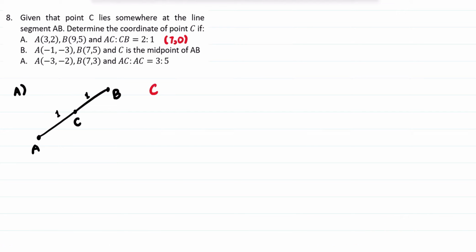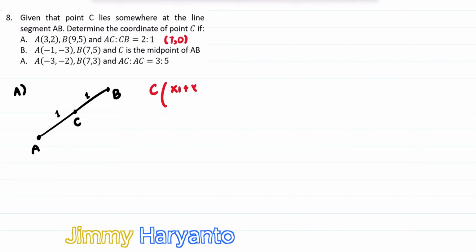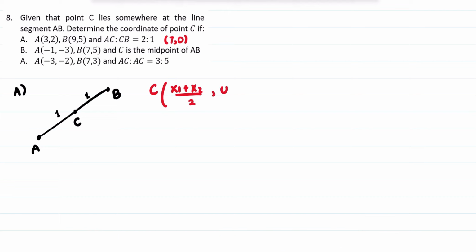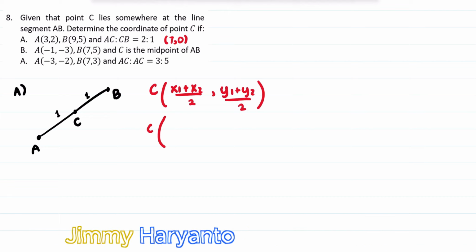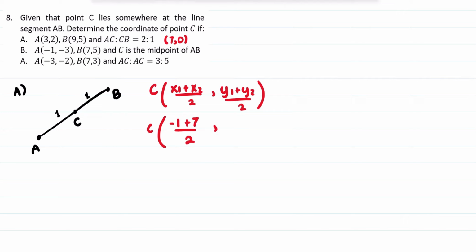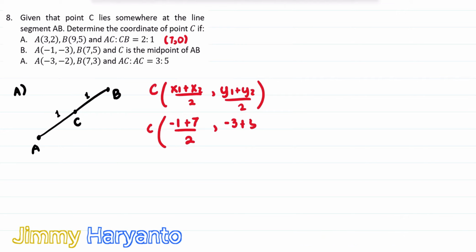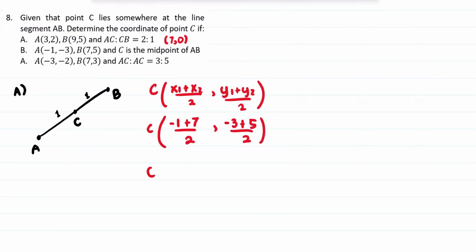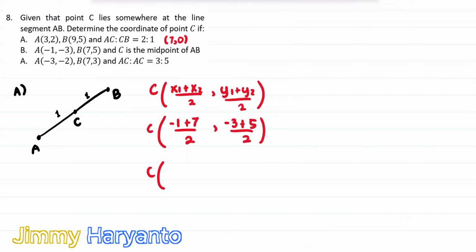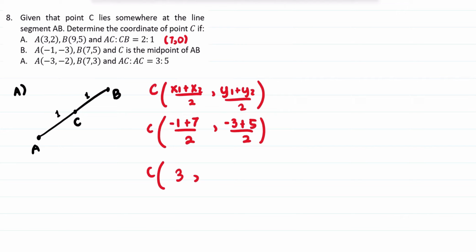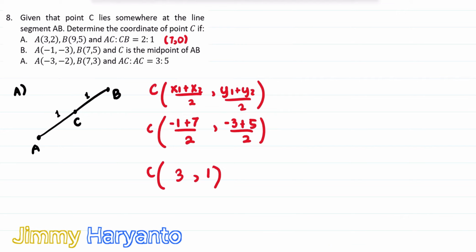That means C will be (x1 plus x2) over 2, and then (y1 plus y2) over 2. So C is open brackets, x1 is negative 1, x2 is 7, over 2, comma, negative 3 plus 5 over 2. So C equals 6 divided by 2 equals 3, and 2 divided by 2 equals 1. So C is (3, 1).